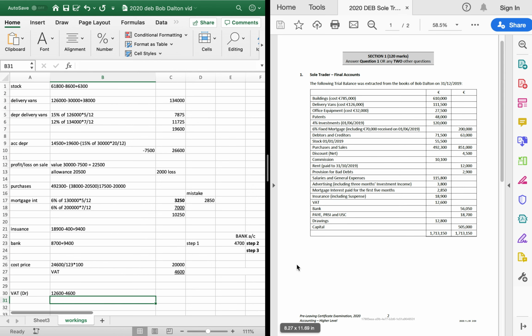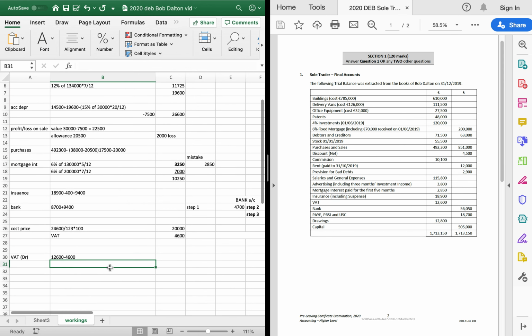Now, creditors then also has to go down. Now, creditors goes down by the full amount. So remember, creditors always includes the VAT because you have to pay the VAT to the person you buy the goods off. So creditors goes down by, so it starts off at 63,000, and we're going to take away the 24,600.